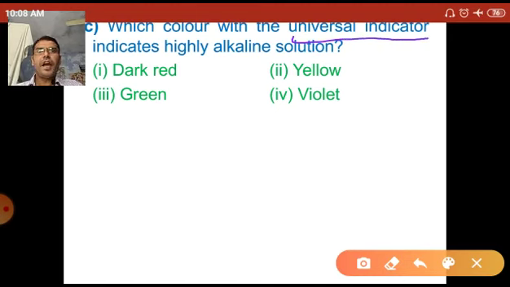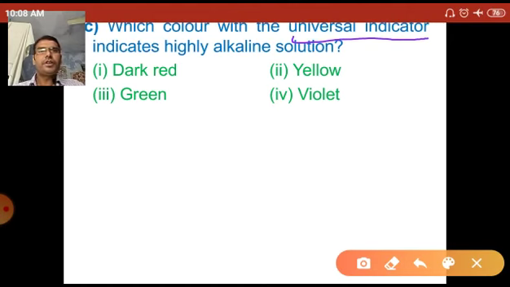When universal indicator is added to a particular unknown solution, it provides a particular color, and according to that color we compare it with the given standard colors, and we judge the pH value of that solution. So according to the color we match the standard colors, and we judge whether the given solution is an acid or base.